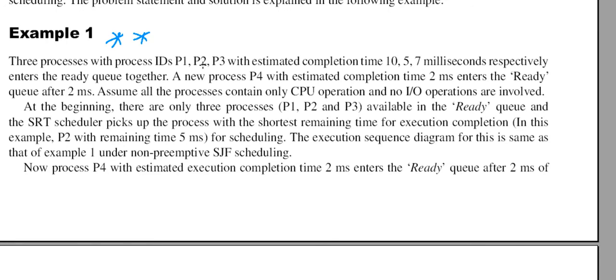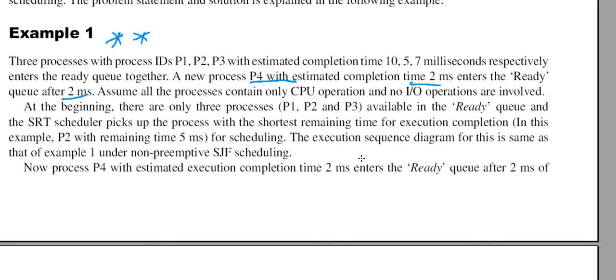Three processes with IDs P1, P2, P3 with estimated times of 10, 5, 7 milliseconds enter the ready queue together. A new process P4 enters with a completion time of 2 milliseconds, entering the ready queue after 2 milliseconds of P2's job. Assume all the processes contain only one CPU operation and no I/O operation is involved.